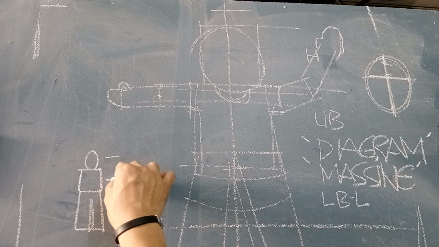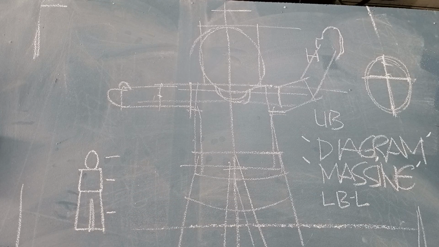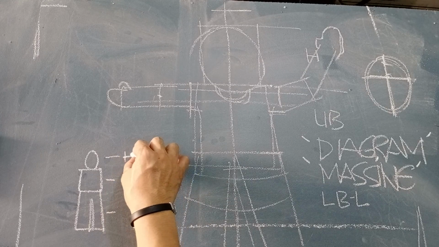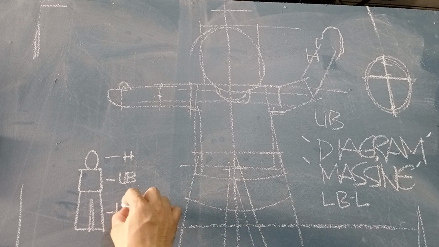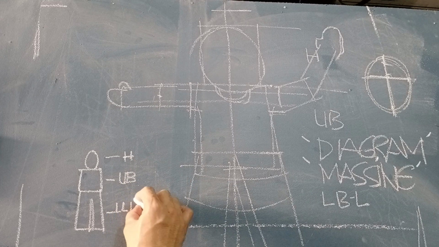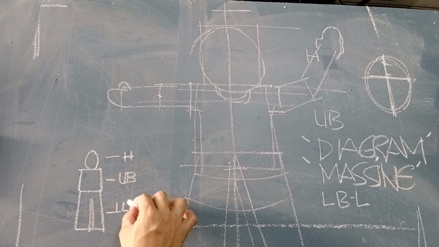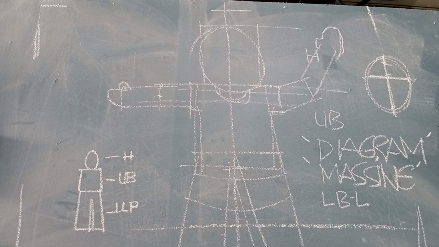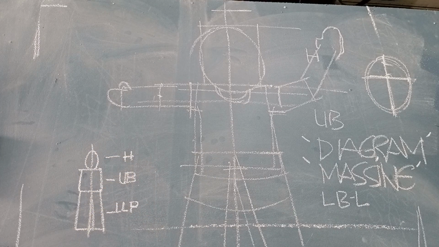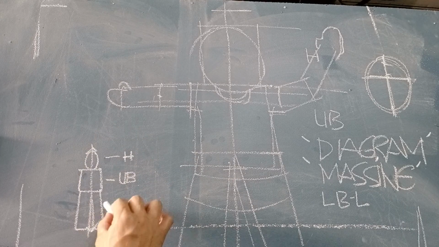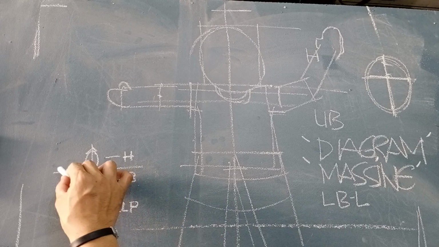So this is the primary mass: the head, the upper body, and the leg part. That's the vertical one, and for the horizontal one, of course, your arm.